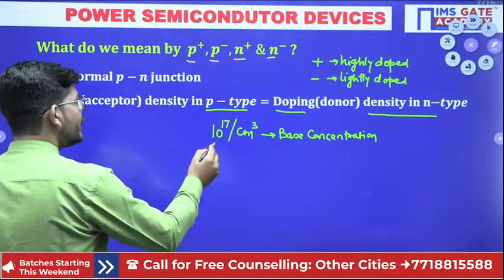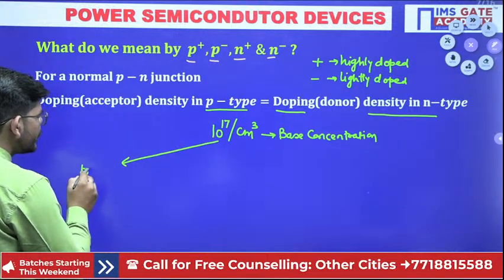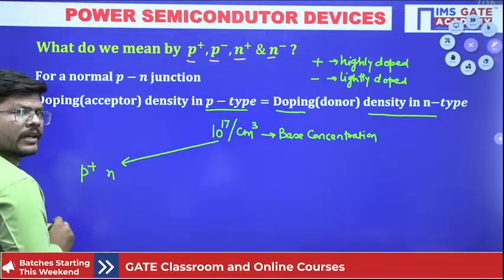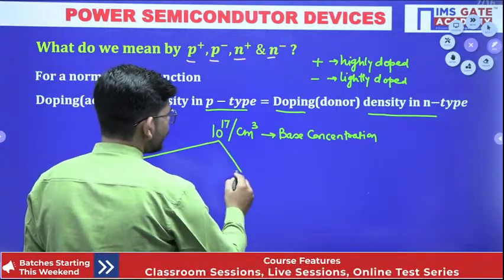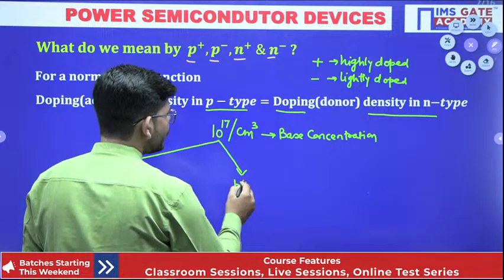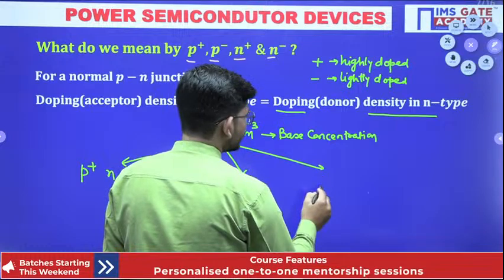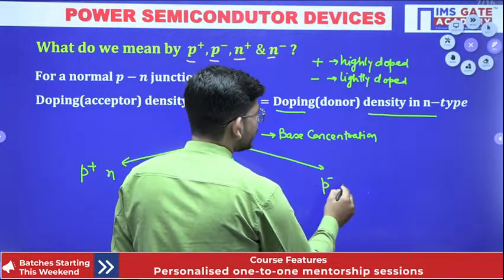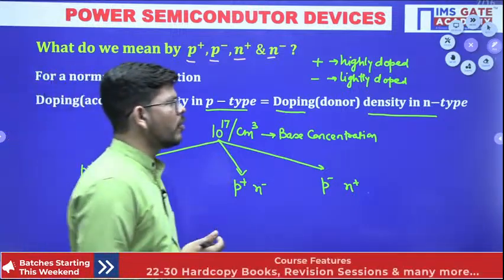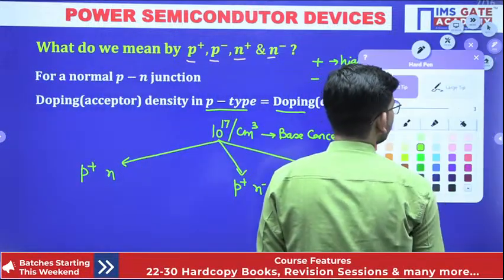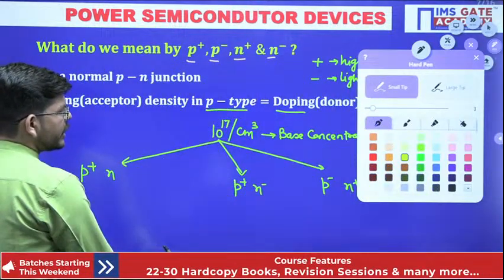Now, looking at this concentration, suppose we have framed a junction of P plus and N. Or suppose we have framed a junction of P plus N minus, or we can also frame a junction like P minus N plus, isn't it? We may try any of these combinations. Then what does it actually mean? What is the base concentration that we have taken?